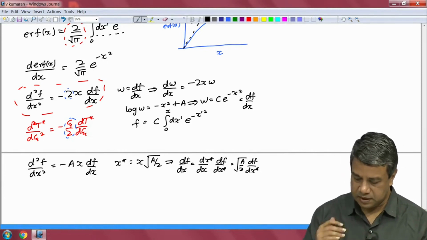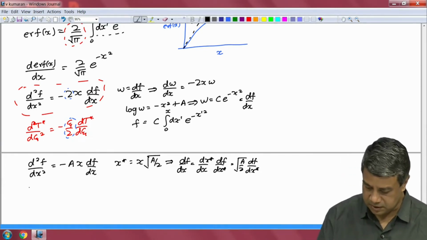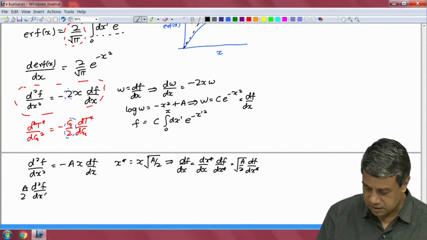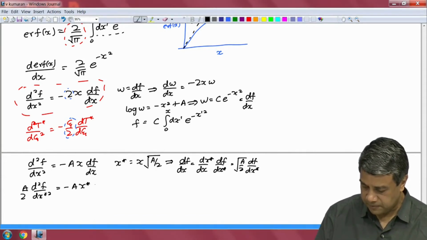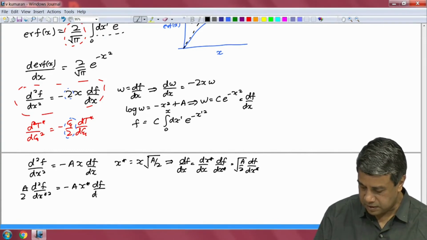If you substitute that in here, what you will get is a by 2 d square f by dx star square is equal to minus a x star df by dx star.